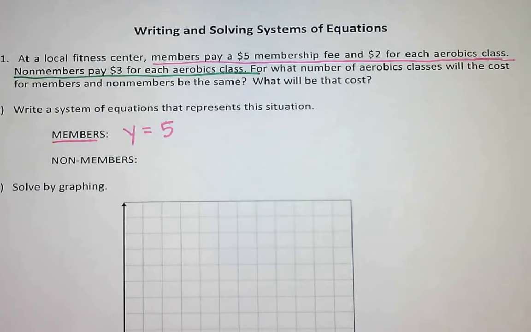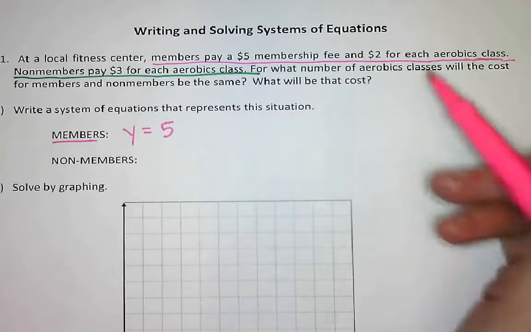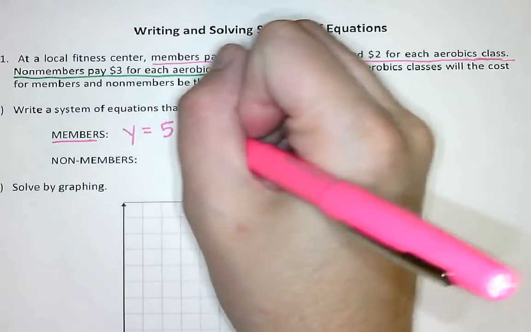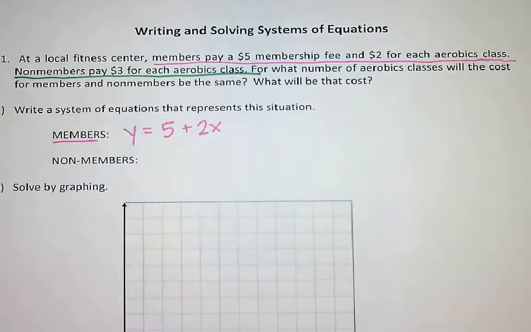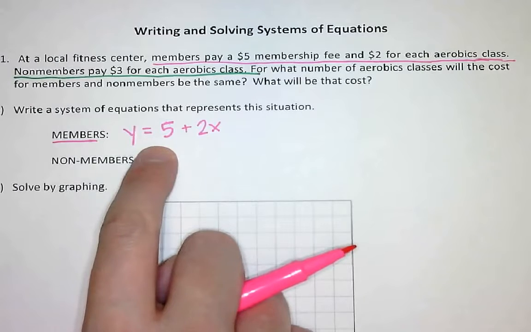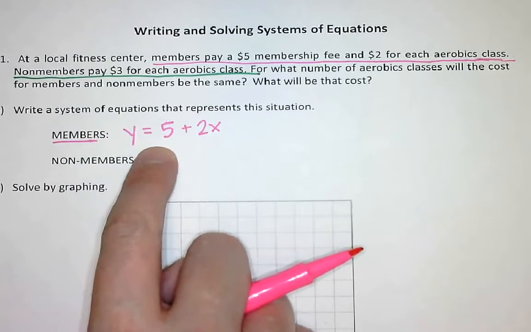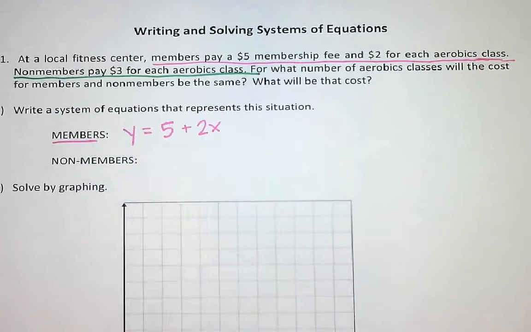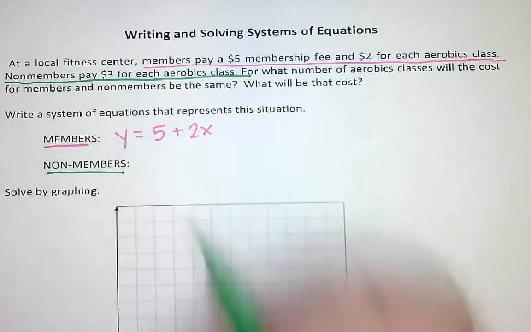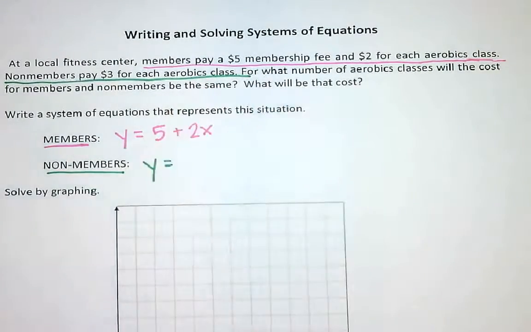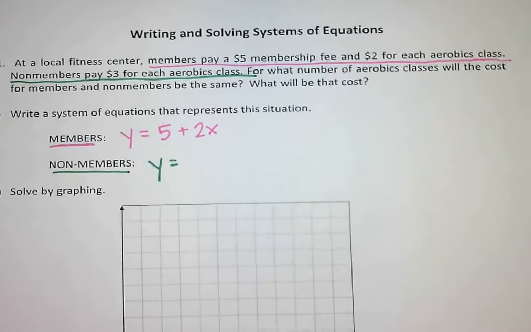But then, how much do they pay for each class? $2. So they pay $5 just for the membership, but then they only pay $2 per class. What about my non-members? Do they pay anything to just get in the door? But what do they have to pay per class?